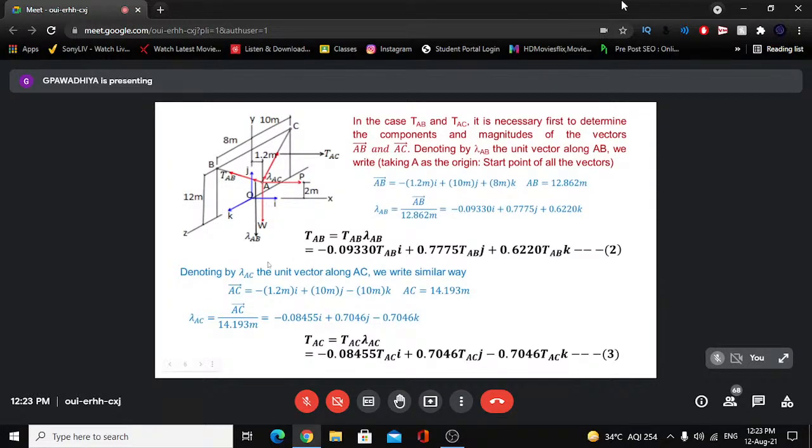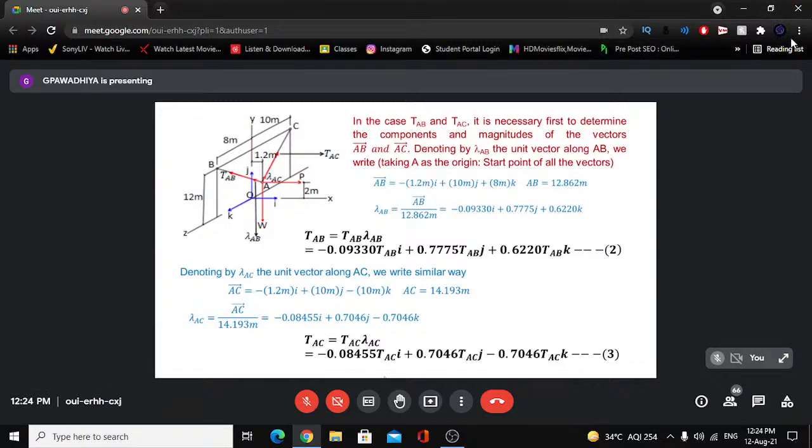The length AC is 14.193, and the unit vector is minus 0.084455 i plus 0.7046 j minus 0.7046 k. Then TAC can be written simply by multiplying this by the magnitude TAC, as an unknown variable. This way we get the vector TAC.